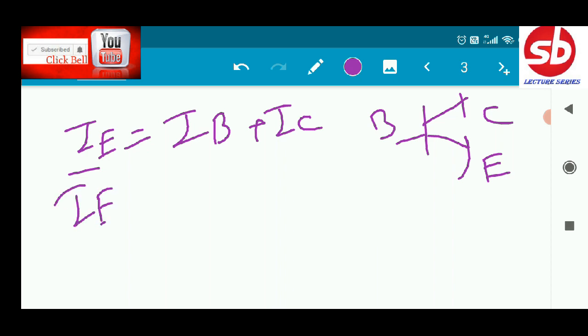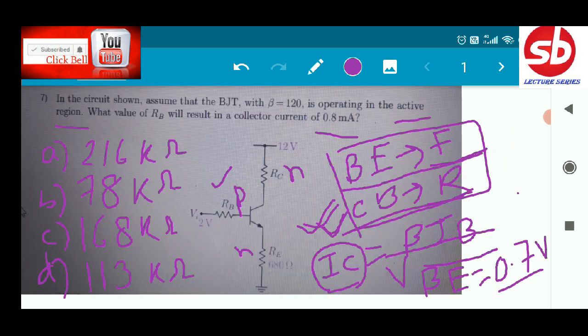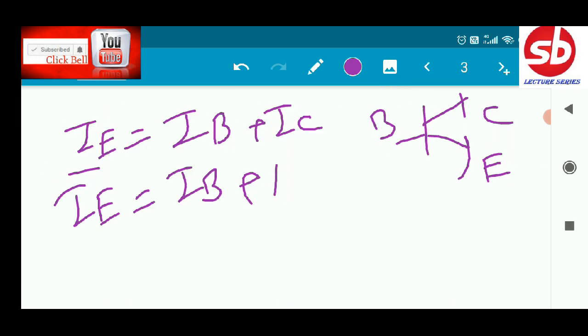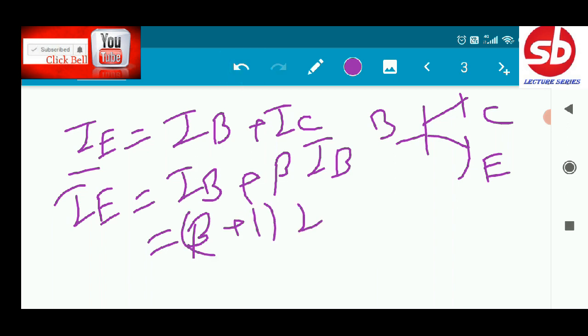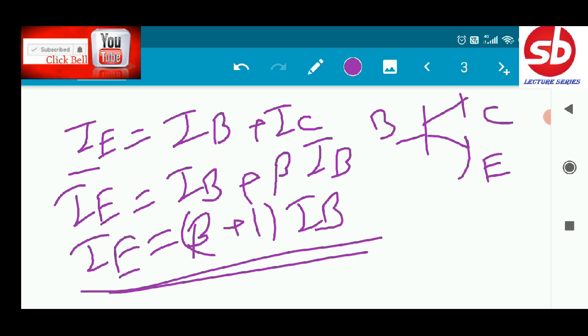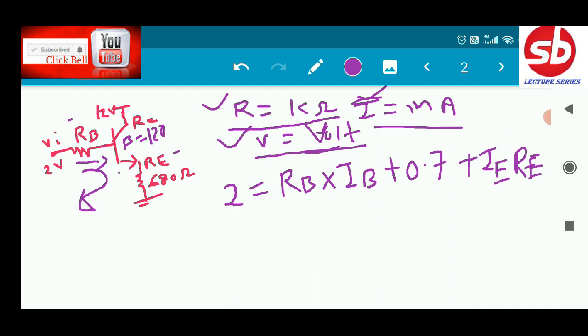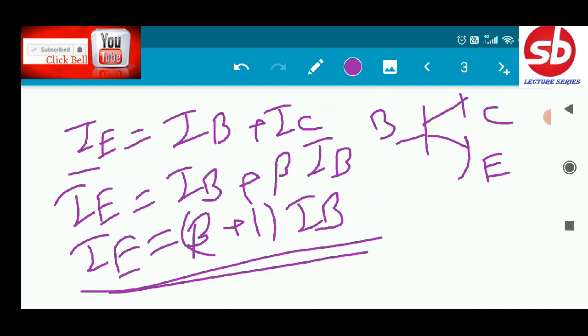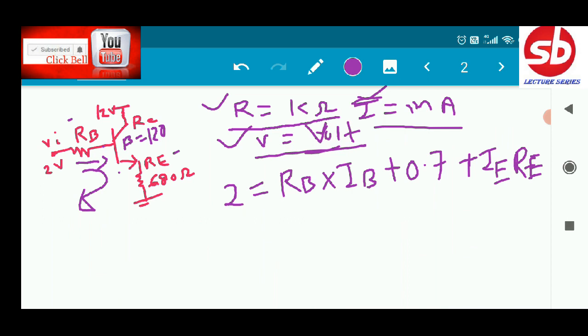In the active region IC equal to beta IB, so IE equals beta plus 1 into IB. Beta is equal to 120, so IE equals 121 into IB.